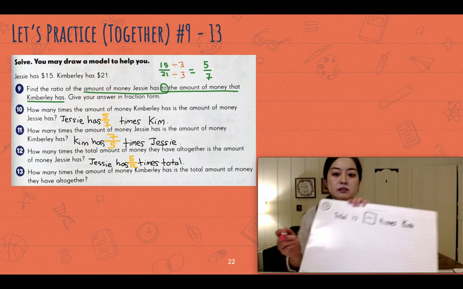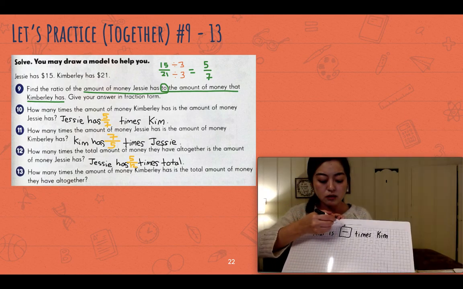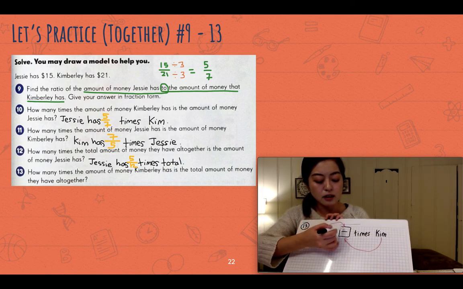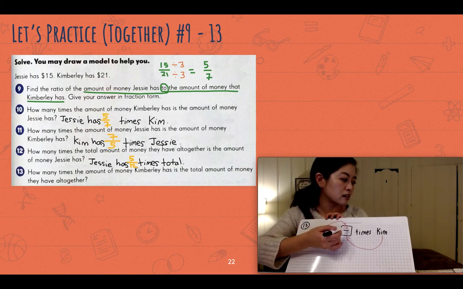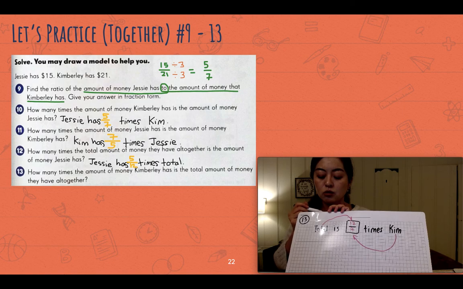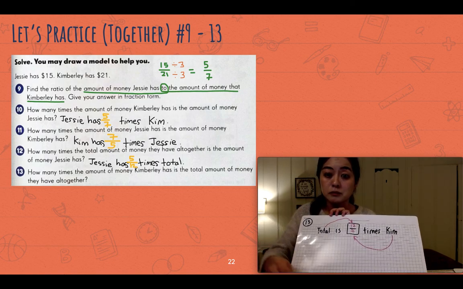So the total goes in the numerator, Kim goes in the denominator. The total was 12 and Kim's amount was 7. So the total is 12/7 times Kim's amount.